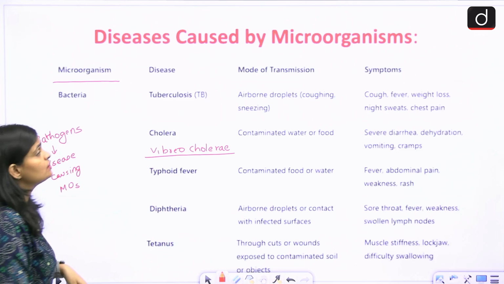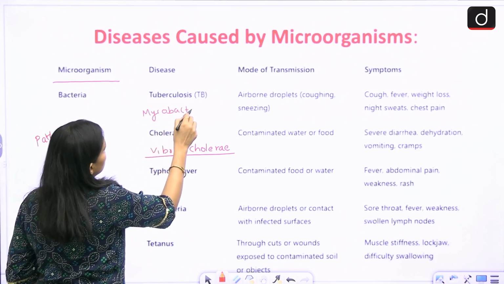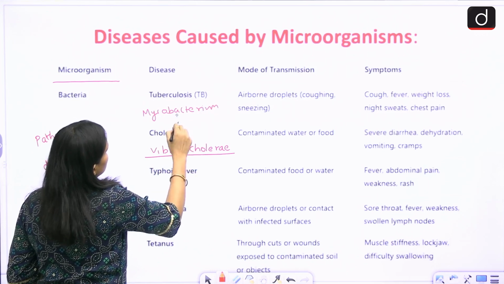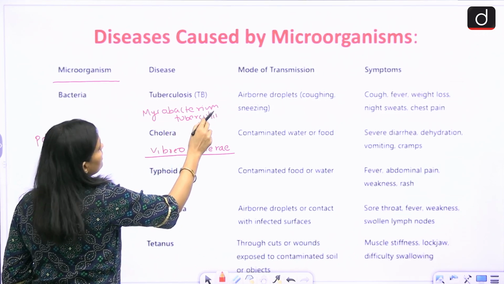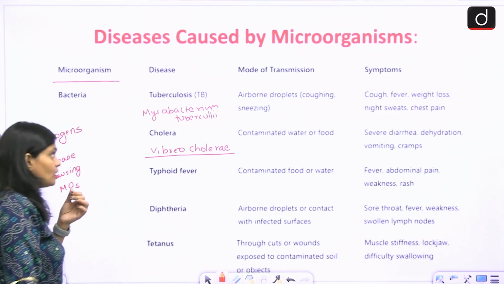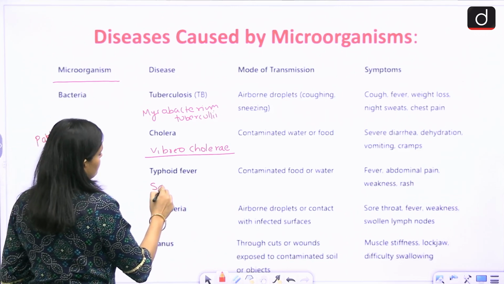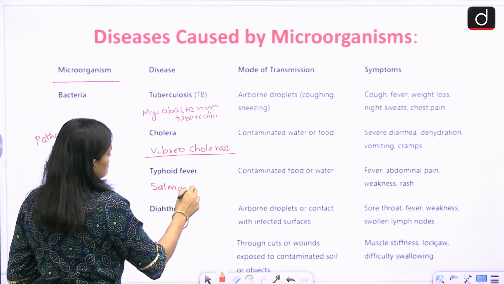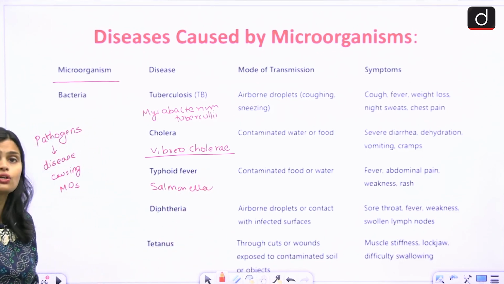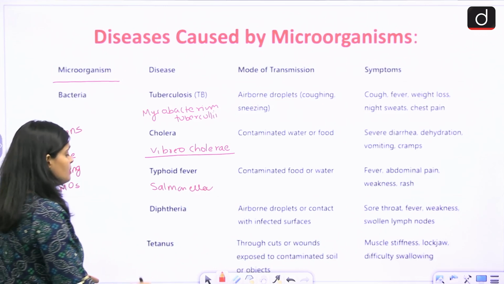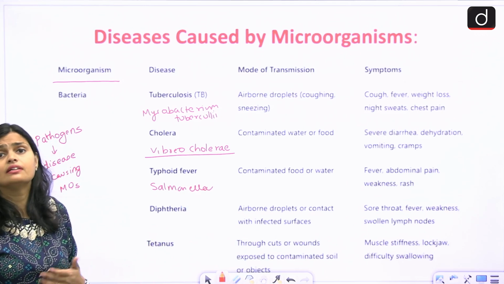Similarly, tuberculosis is caused by Mycobacterium tuberculosis. So this causes tuberculosis. Typhoid is caused by Salmonella. Diphtheria is caused by Corynebacterium diphtheriae. Similarly, tetanus is caused by Clostridium tetani.